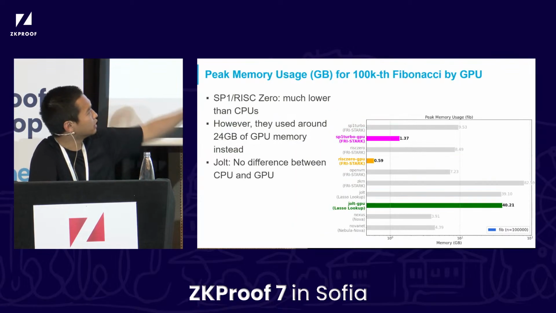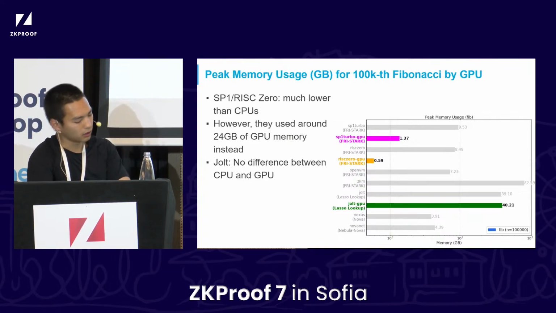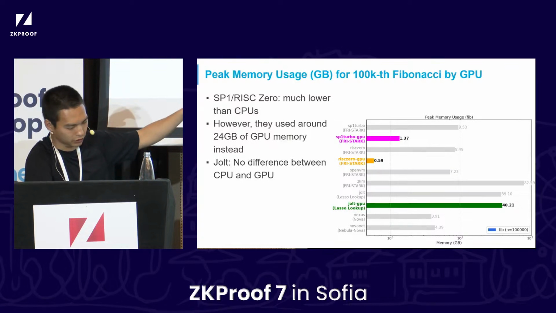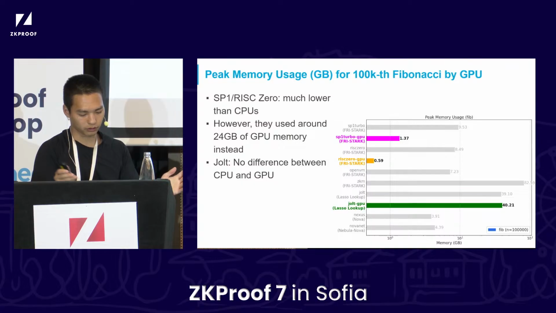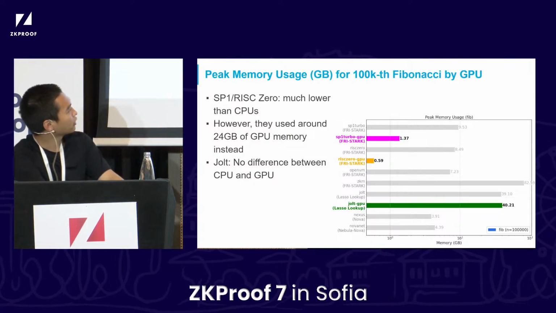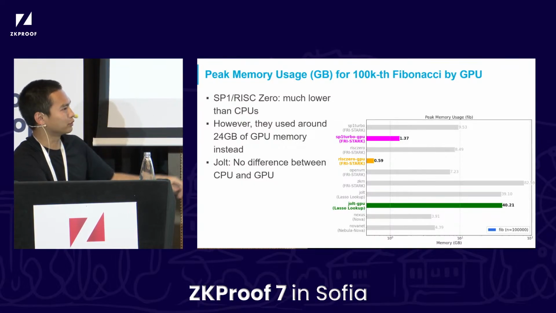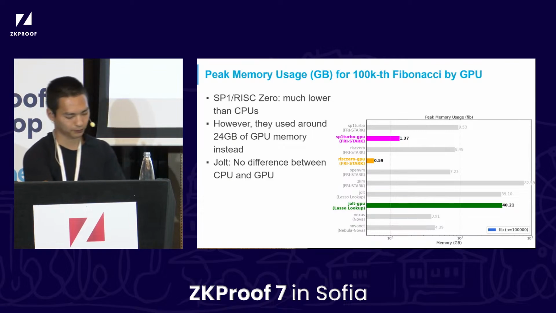And this is the GPU peak memory usage performance. SP1 and RISC Zero achieved much lower memory usage on GPUs. However, they used around 24 GB of GPU memory instead.